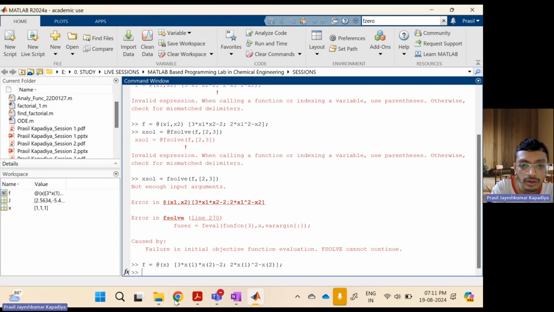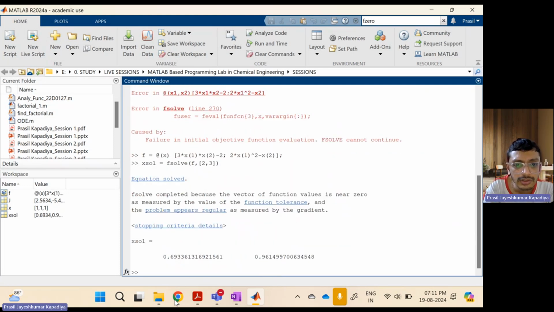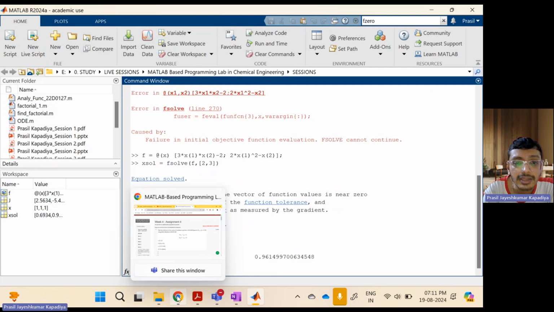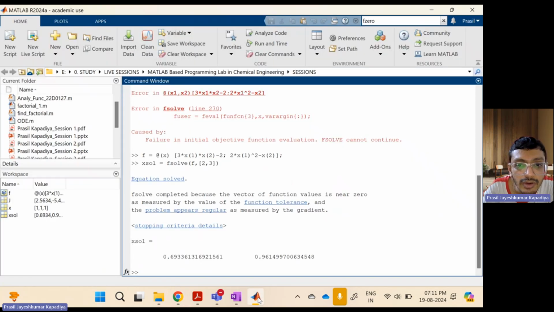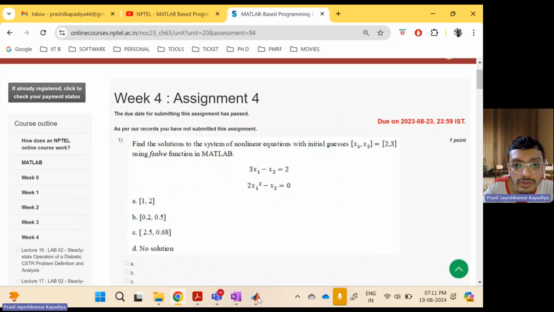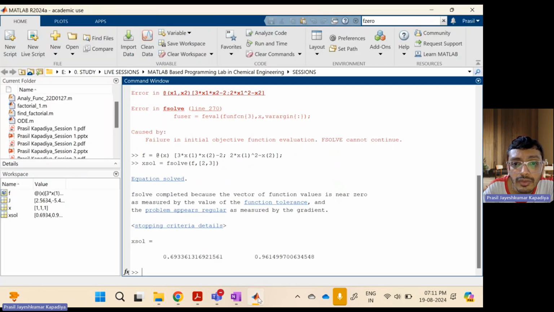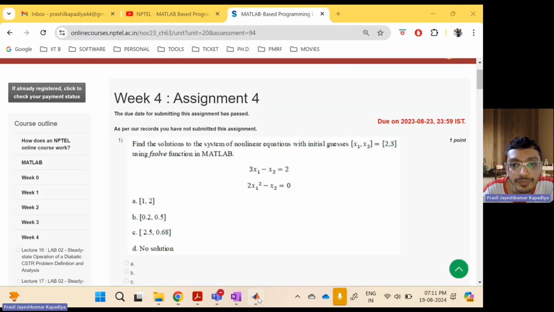Okay, now see, it's showing that the equation is solved, and I am getting my solution as 0.7 and 0.96. So am I getting any answers of 0.7? No, there is no answer. It's saying no solution, and we are not getting no solution. 3x1 into x2 minus 2 into x1 square minus x2.